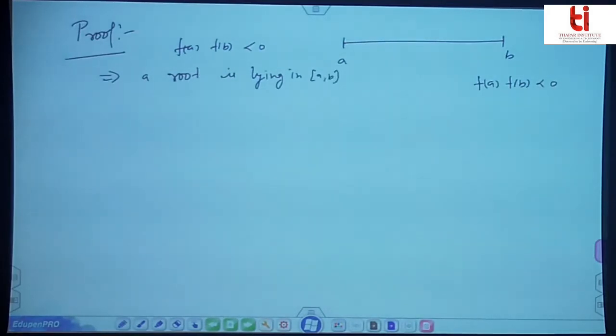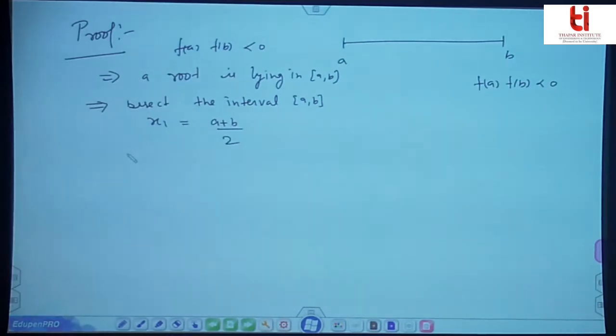So what we do, first we bisect the interval [a,b]. Let x1 be the midpoint of [a,b], so x1 equals (a plus b) upon 2.